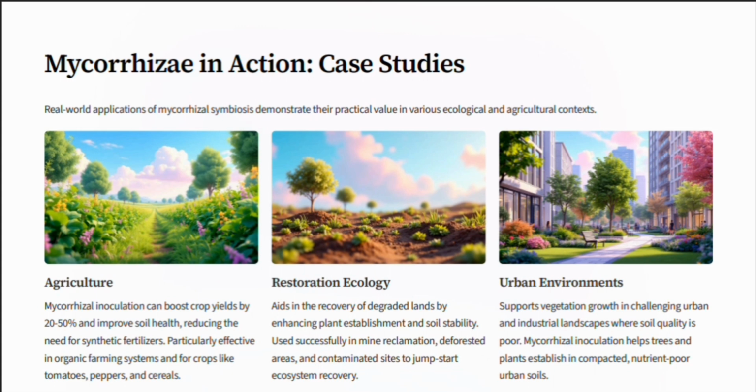And then in urban environments, as we know, there is no source of pure soil, and the soil only gets polluted. So the mycorrhizal relationship improves the soil in urban areas, and it enhances the nutrients present in that soil.